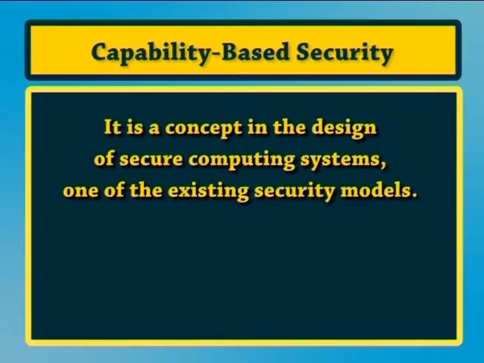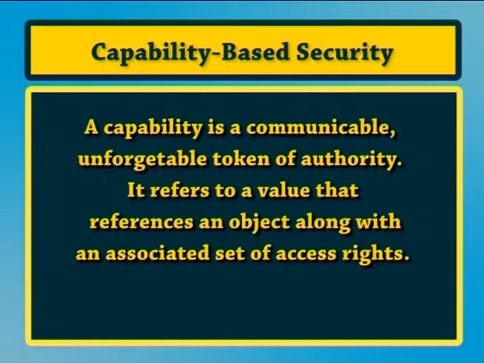There is an important concept in the case of capability based model, and that is capability based security. Capability based security is a concept in the design of a secure computing system, one of the existing security models. A capability is a communicable, unforgeable token of authority. It refers to a value that references an object along with an associated set of access rights.